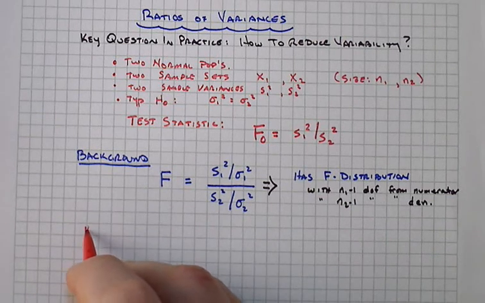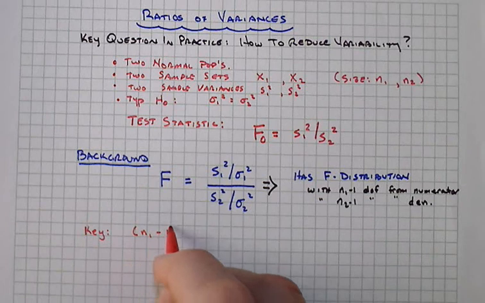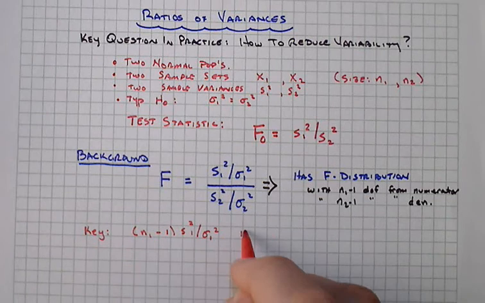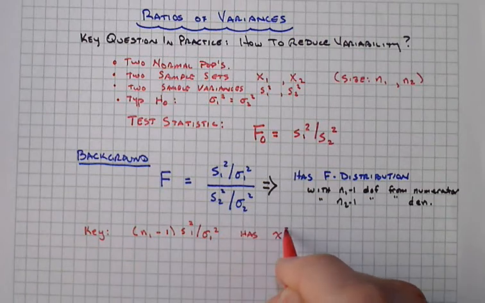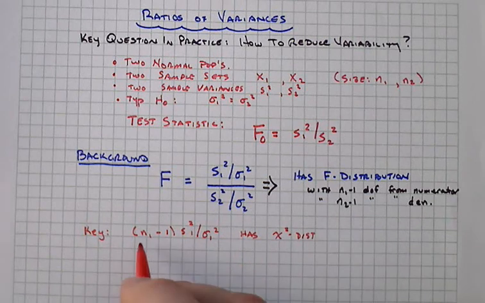A key element in the background is that if you go back to our work previously, the combination of our sample variance to our population variance multiplied by n minus 1 had a chi-squared distribution. That was a fundamental aspect that we worked with previously.